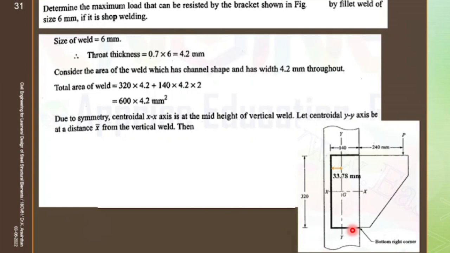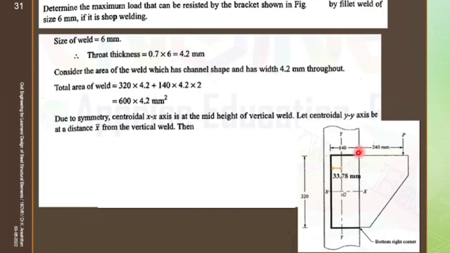Why have I given three areas? Because you have three shapes. If you connect three rectangles, will you get the C shape? Yes. So I should know the three areas.